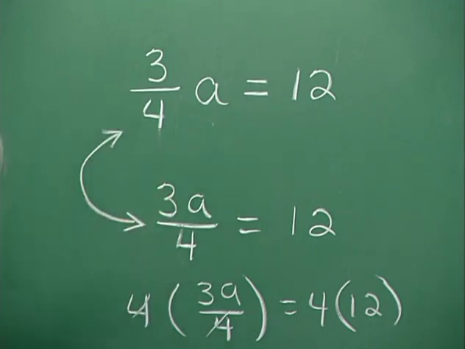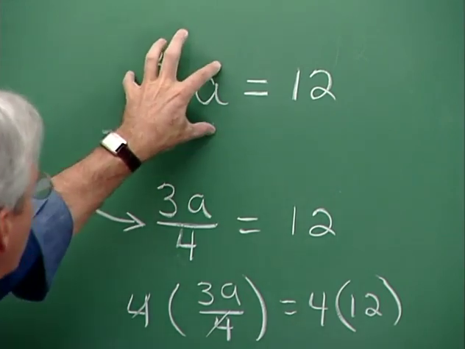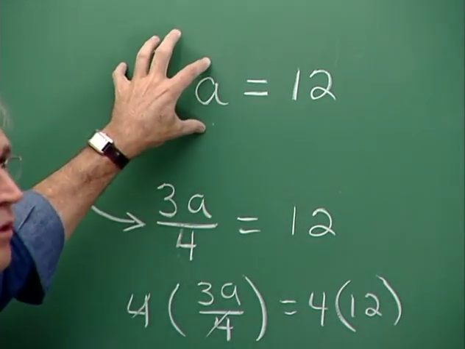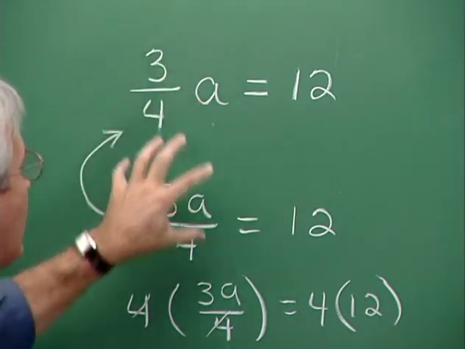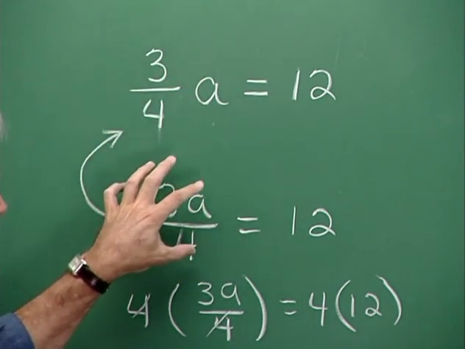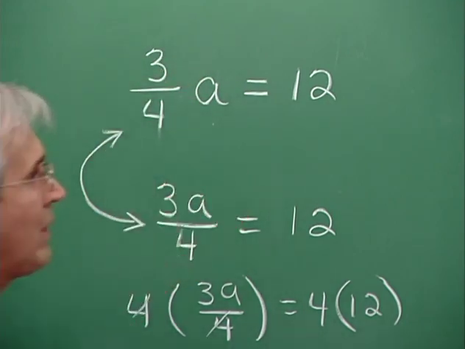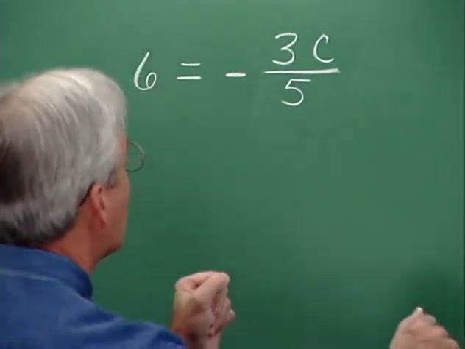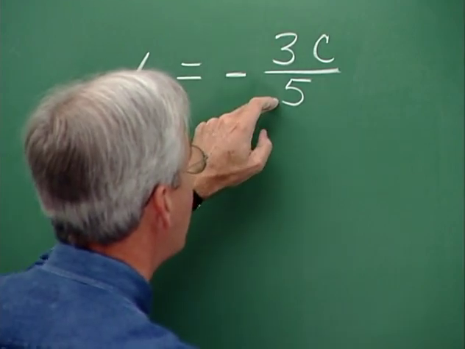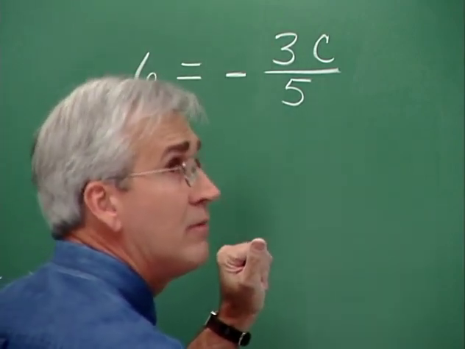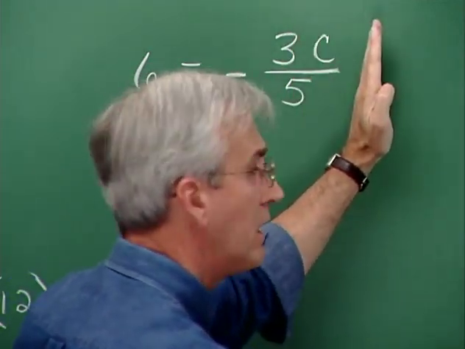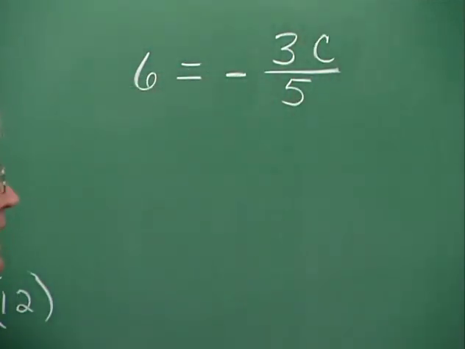And a lot of times, it's necessary in mathematics that when you see this form, you want to use that form. And when you see this form, sometimes you want to use that form. So we have to freely be able to go back and forth between these two. Over here, for example, we could kind of separate the C, the letter, from the number part by thinking of this as negative 3/5 times C. You see, we could kind of separate the C sort of over here. And I'll show you that kind of strategy in a minute.